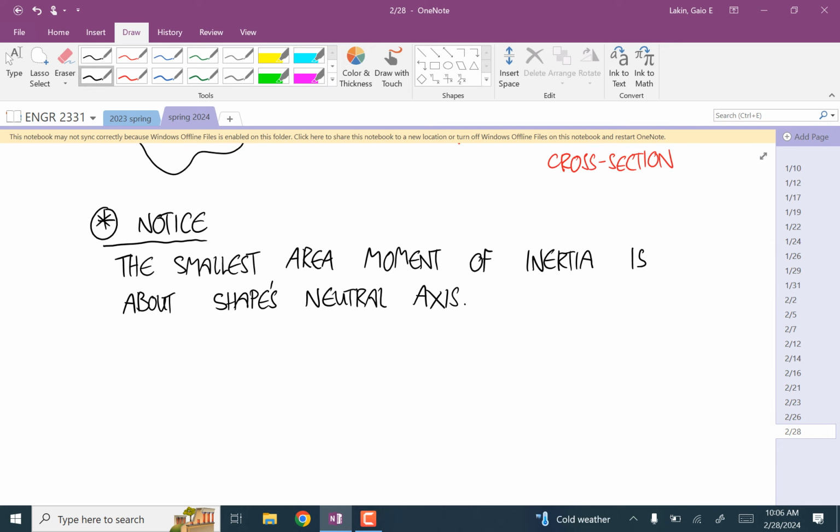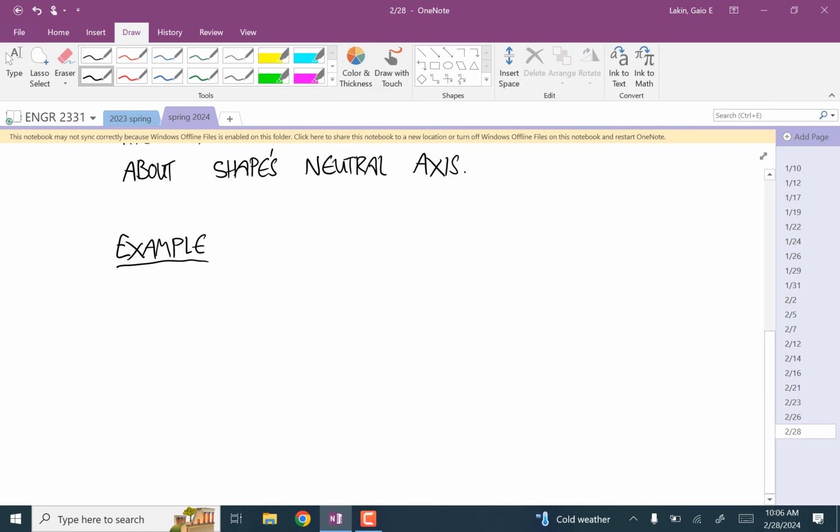So let me show you an example of this. Let's do a beam with a cross section of a T. It's probably called a T beam, but I don't know. Okay, so there's the beam.